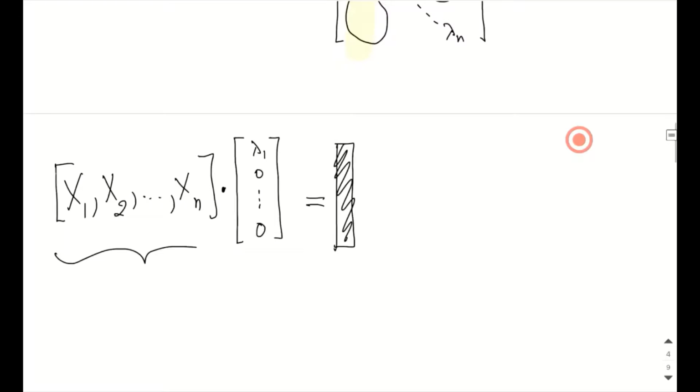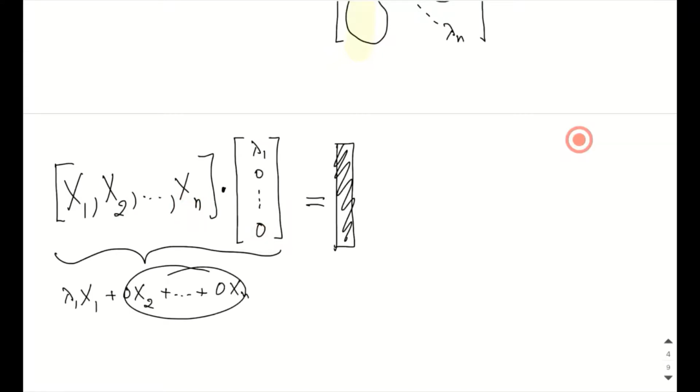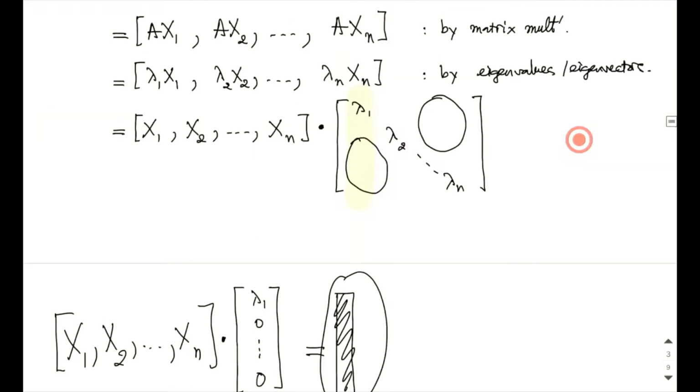Now, by matrix vector multiplication, you are going to combine the columns of the matrix as a linear combination where the scalars come from the entries of the column vector. So this means you will have to multiply lambda 1 with x1, 0 with x2, 0 with x3, and 0 with xn, and then add them together. All the others are going to be just 0, and so at the end, this is lambda 1 x1, and so lambda 1 x1 is just the result of multiplying this matrix with the first column.